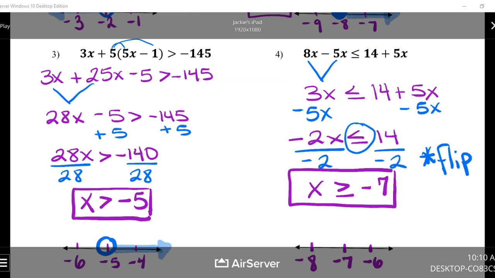X can be equal to -7, so it's going to be a filled in circle at -7. And it's all values greater than or equal to, so we're going to shade to the right.